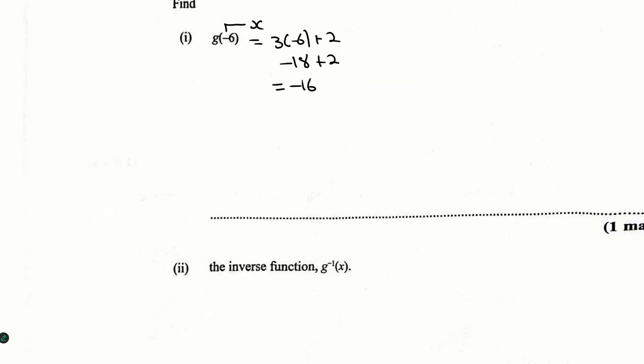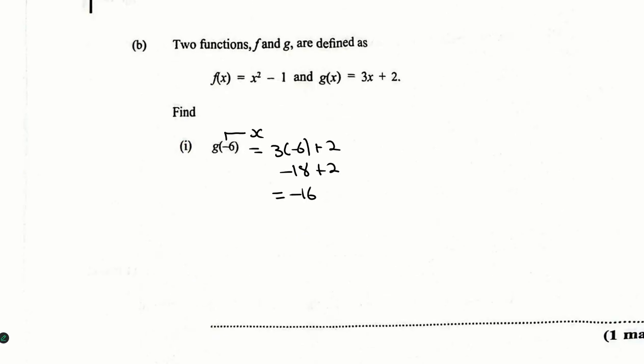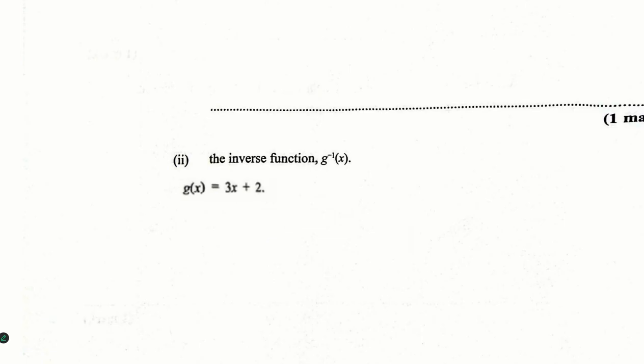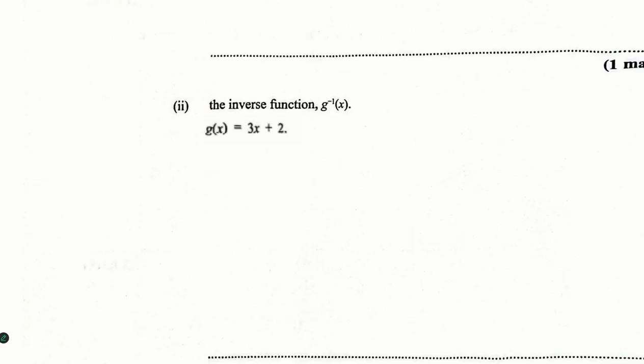Then they say find the inverse of g of x. They told you that g of x is 3x plus 2, and we know to find the inverse of a function is 3 steps. Step 1, let y be equal to g of x.